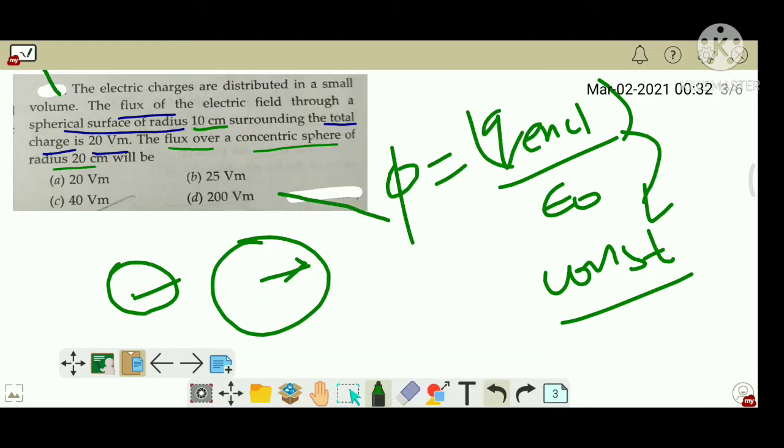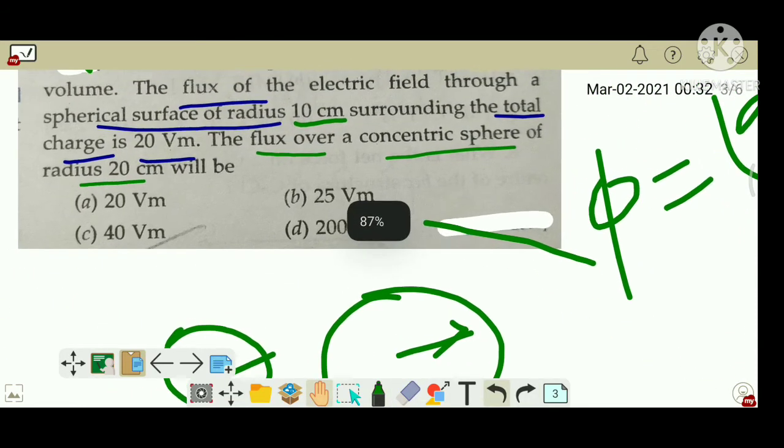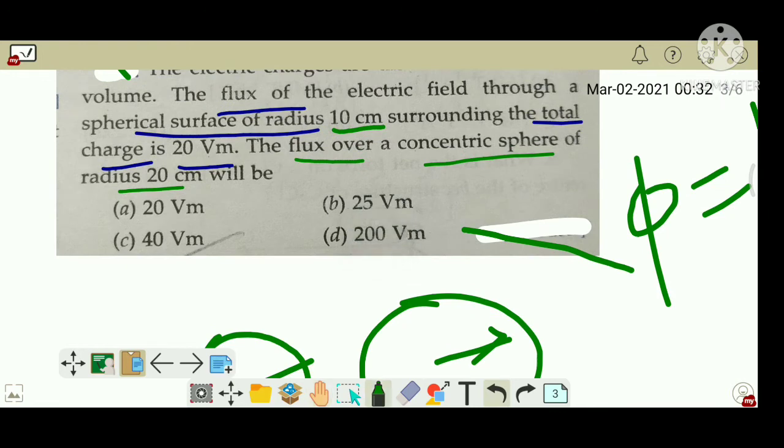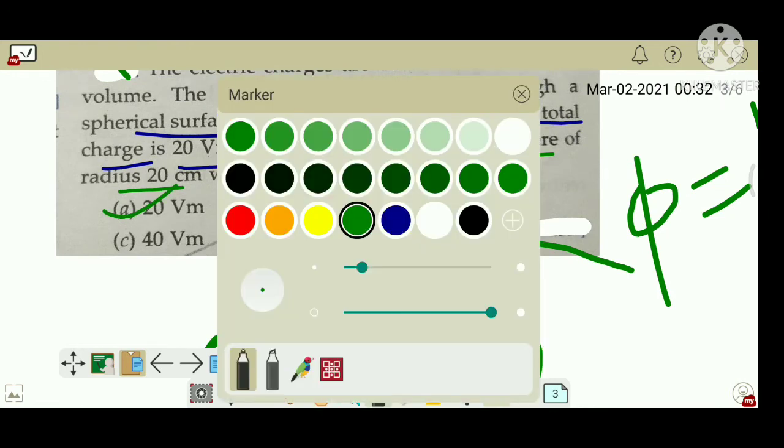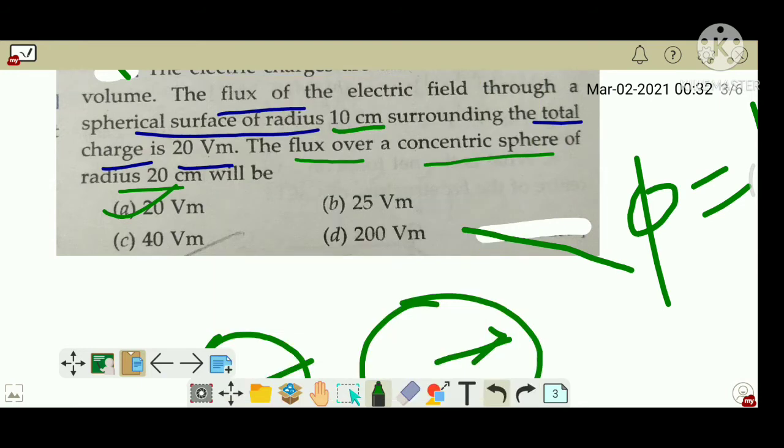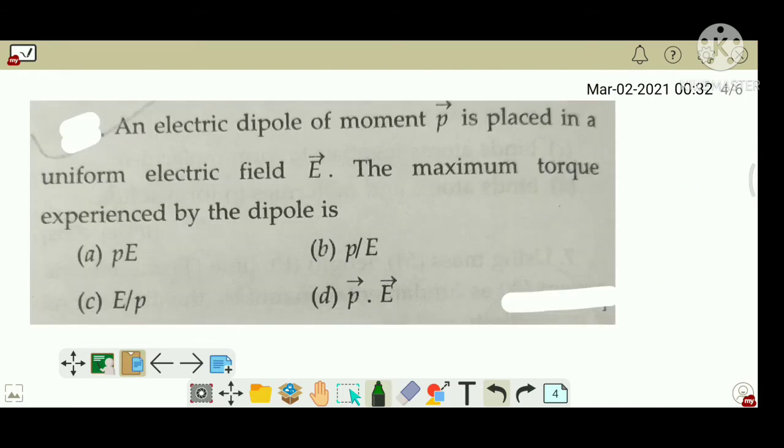So our answer is option A only, 20 voltmeter. These are all very basic and important concepts, so keep noting.